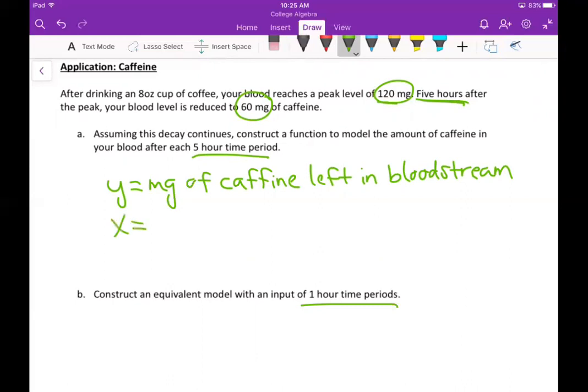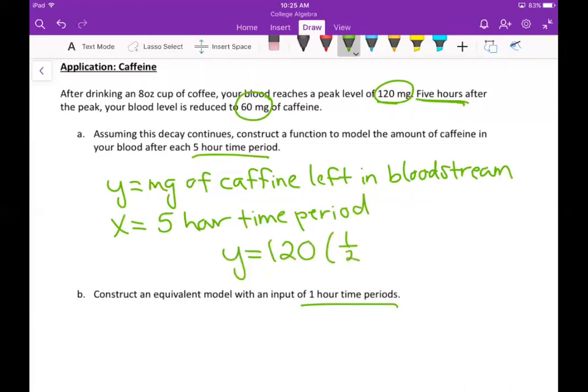X in this case is going to be 5-hour time periods. So the amount of milligrams left starts at 120 and gets multiplied by a half every 5 hours. So x is 5-hour time periods, and y is that 120 that gets multiplied by a half every time period. This is our function if we leave it in terms of half-lives.